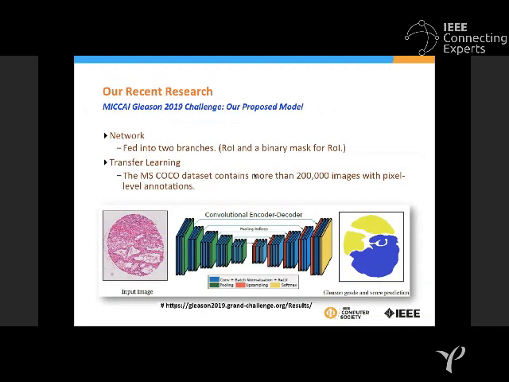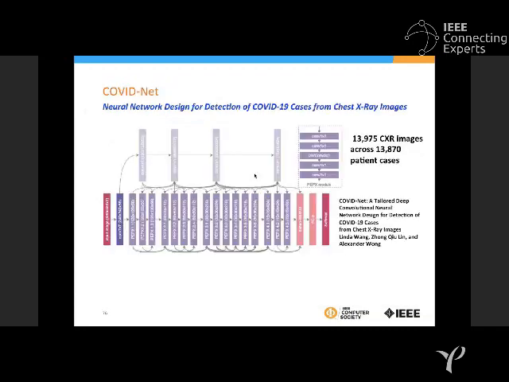You know that the convolution encoder tries to minimize the feature space in a better way, and thus reduces the training time. So by using transfer learning and a convolution encoder decoder, Pabitro got a very good result, and this result has been listed in the MICAI top contributions in 2019.